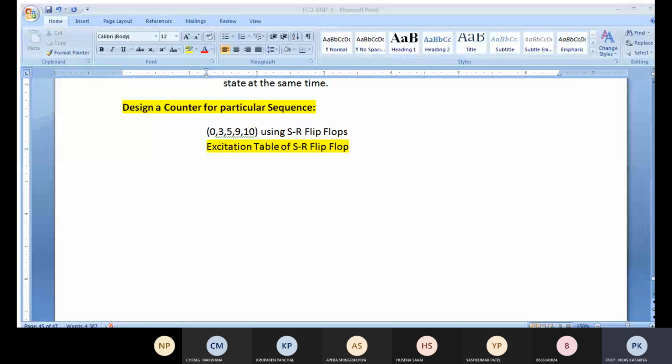If present state 0, next state 0, then we have already designed in the previous lecture what is the excitation table of SR flip-flop. So if present state is 0 and next state is 0, then the value of S should be 0 and R should be don't care, that is cross.